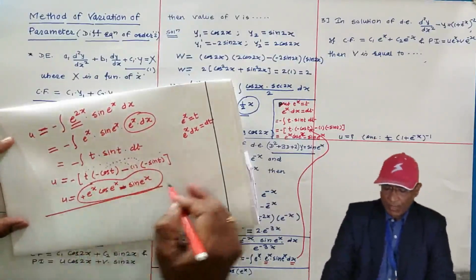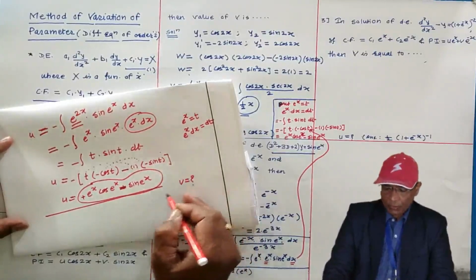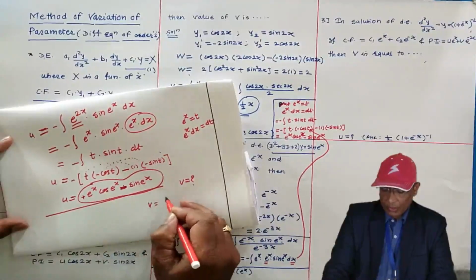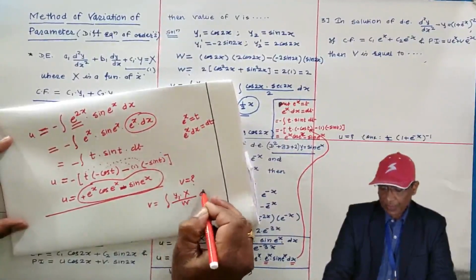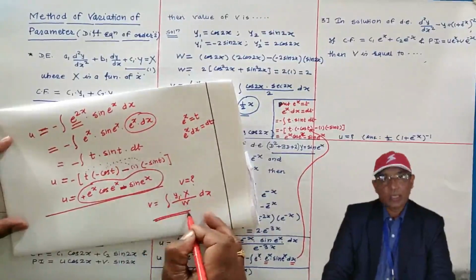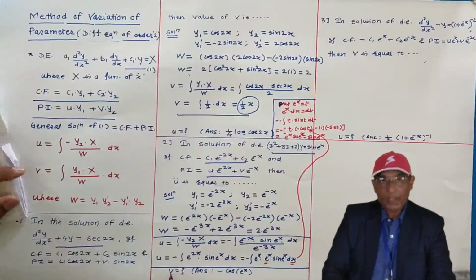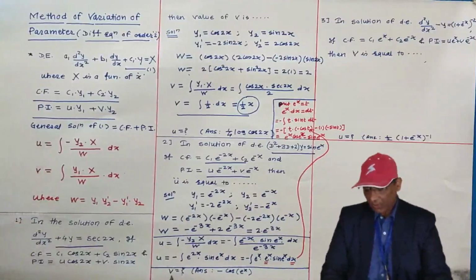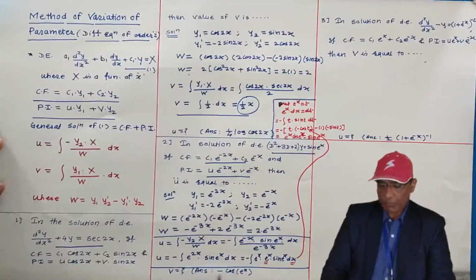Here, the value of v may be asked in the examination. So for v, which formula gets used? Y1 into capital X by W. And this value may be asked in the examination, but this is for u. Here I have written value of v question mark, and the value of v will be what? Minus cos e to the power x. Okay, this part for u.